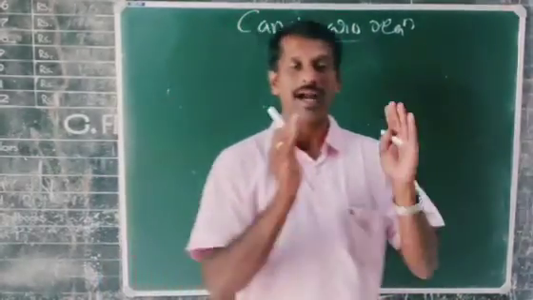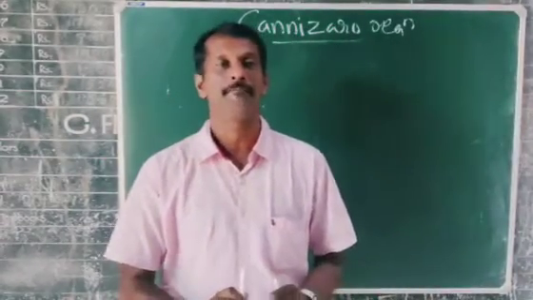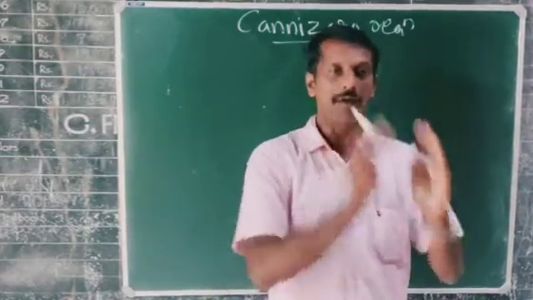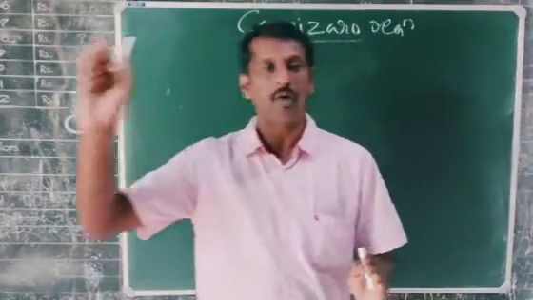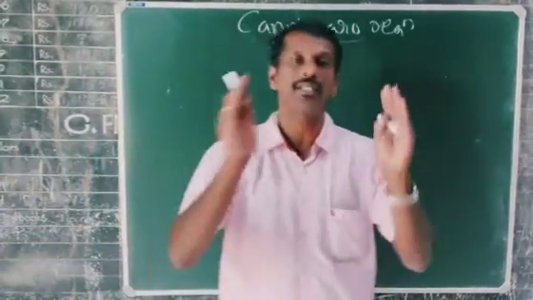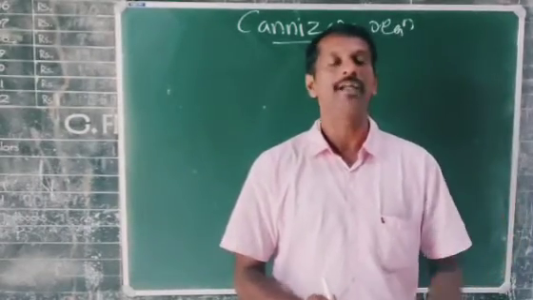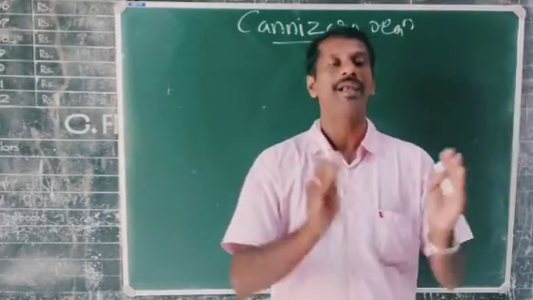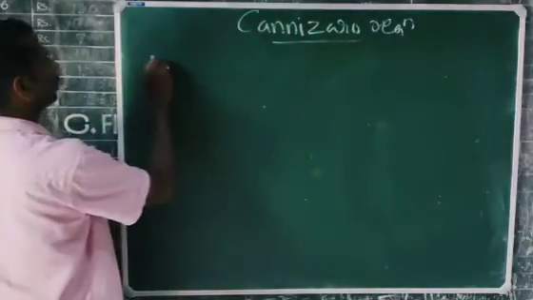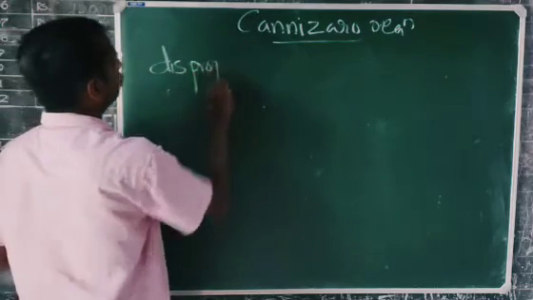One molecule will undergo oxidation and change into the corresponding carboxylic acid salt, and another molecule will undergo reduction and give the corresponding alcohol. So, Cannizzaro reaction is a disproportionation reaction.